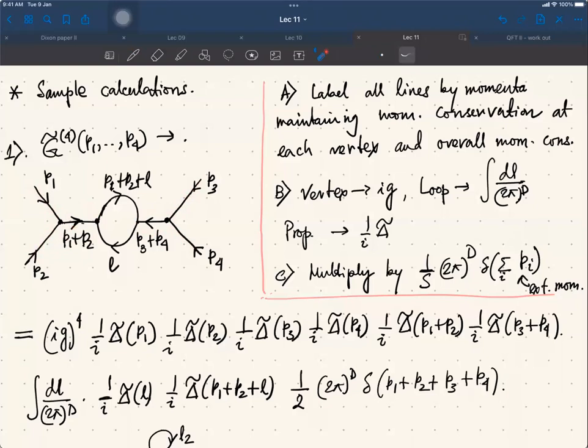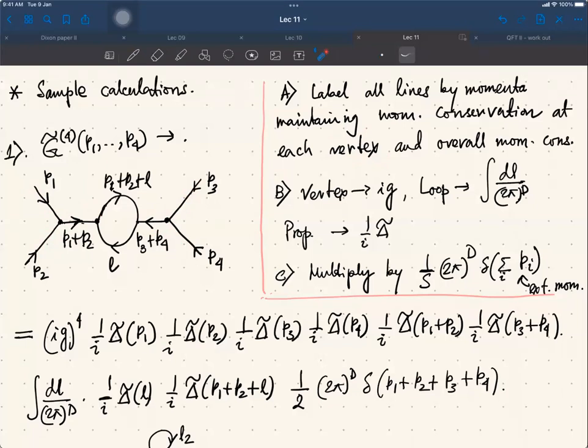So according to the present rule, you use momentum conservation, fix the internal line momenta, and then label them, and that will automatically show you that for each loop there is one momentum that is not fixed by these conditions, and one should integrate over that.